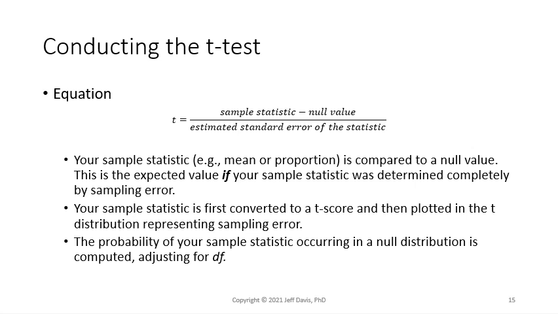So the t-test itself, we covered this equation a little bit in the previous lectures for chapter 8. Here we just want to make sure you understand what's going on, because in place of these terms like sample statistic and null value, you'll see symbols.